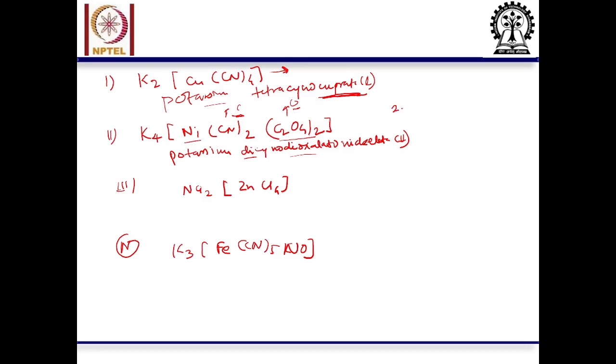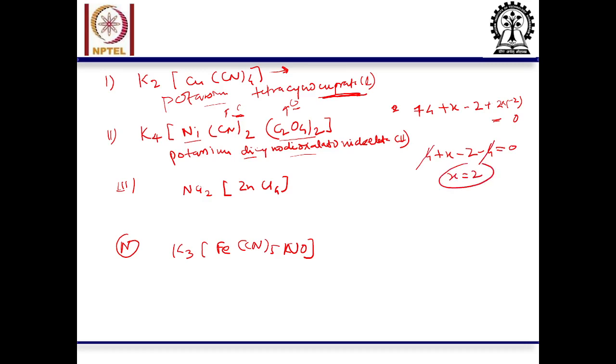So I will write 4 plus x minus 2, minus... sorry, plus 2 multiplied by minus 2, is equal to 0. So 4 plus x minus 2 minus 4 is equal to 0. The 4s cancel out, x is equal to 2.